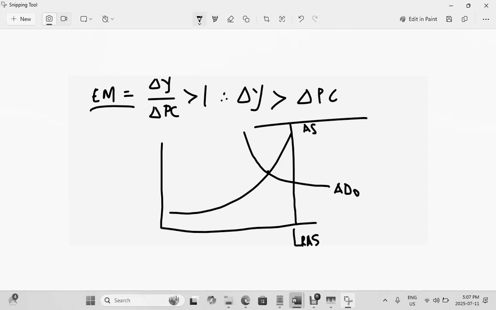Now, if you have an expansionary fiscal policy, it is introduced within a system to expand the economy and get the economy out of recession. So if you have a nation that is experiencing recession, you have two options: you impose a monetary policy, which is imposed by the Federal Reserve or the central bank, or a fiscal policy, which is imposed by the government.